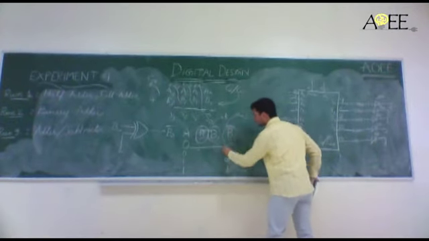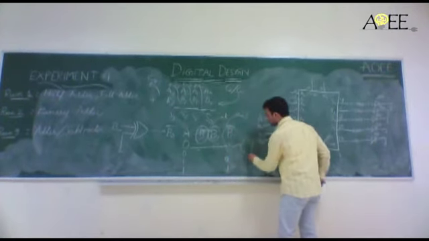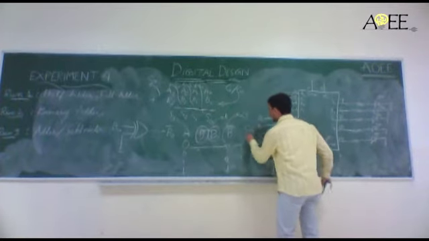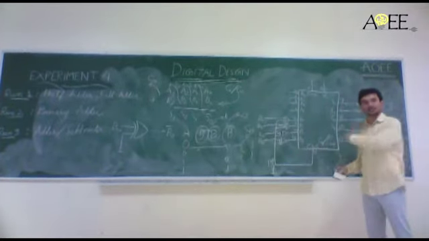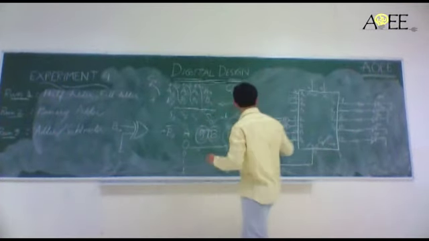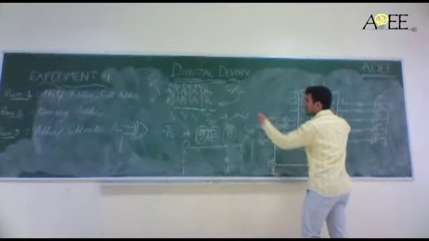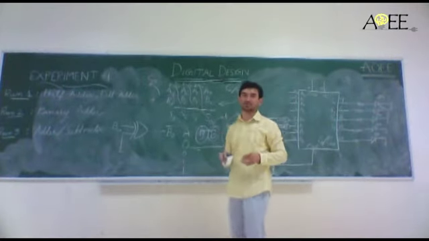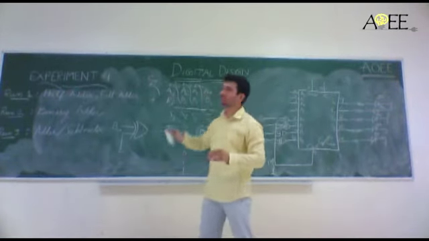Then add these two and get the answer. This is the subtracted result that should be received over here. So this is how it is done. That's about addition using an adder and subtractor in the same circuit, and using a binary adder if you do not want to do this. So this is how experiment 4 is conducted.